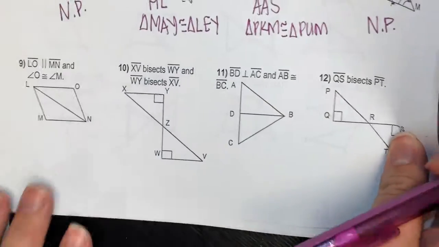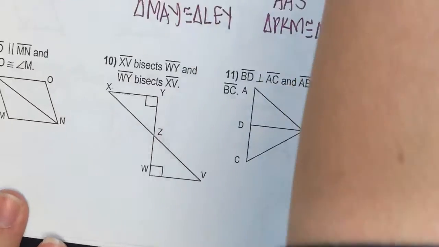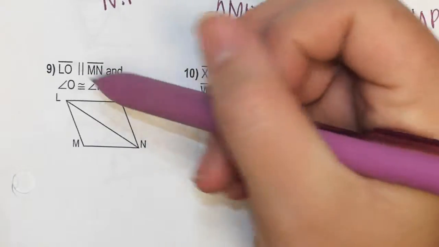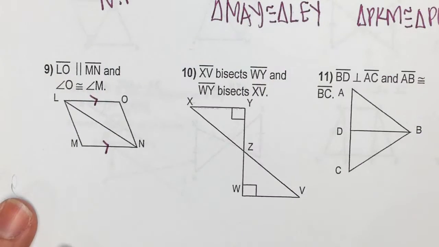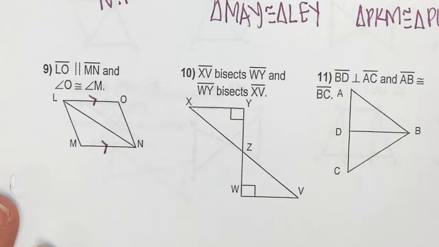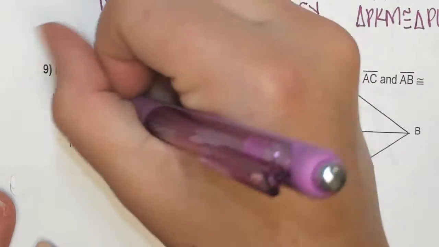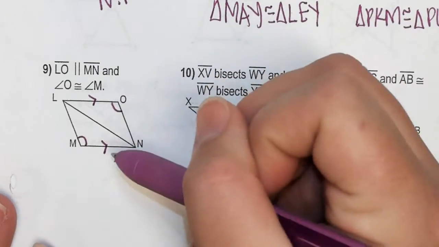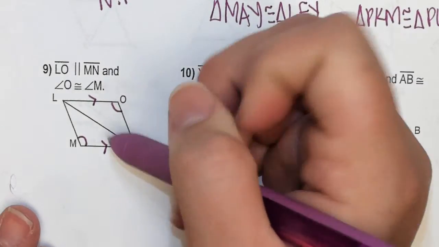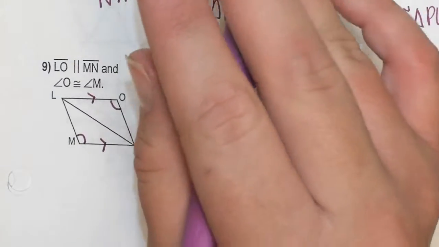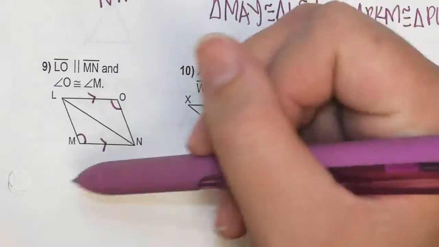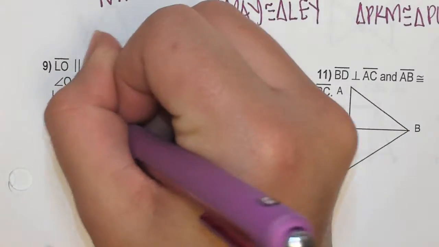Okay, so this is where it gets just a little bit more complicated. LO is parallel to MN. If it tells you that, it's probably wanting you to assume something about the relationships of the angles. So I know O is congruent to M, and I know these 2 are parallel. And I can actually make 3 more statements about this. Reflexive.